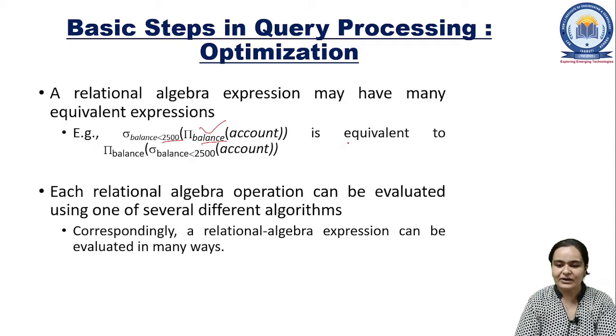I can also write the equivalent query as: filter out all the tuples having balance less than 2500 and take out the balances afterwards.